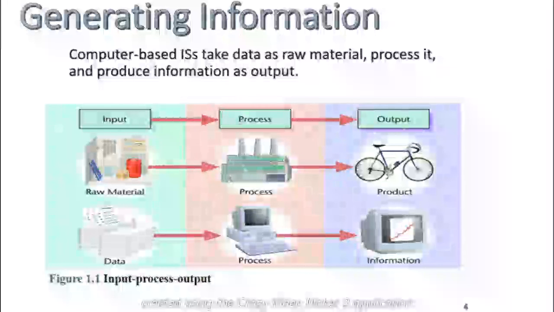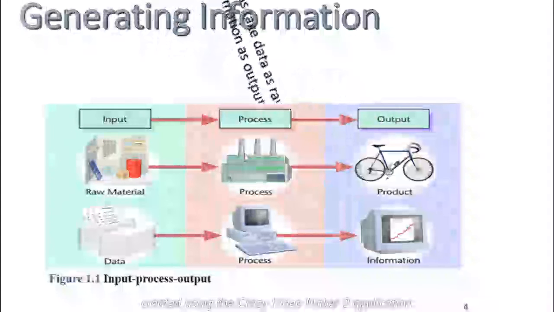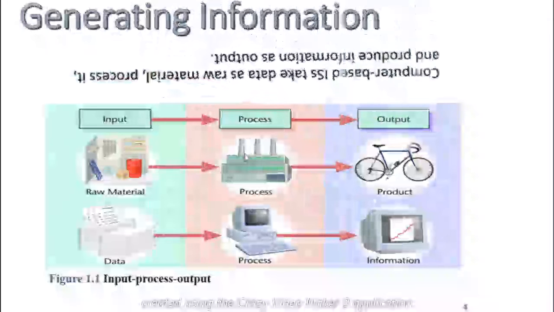By the screen here, we say a computer-based information system takes data as a raw material. It processes it and produces information as an output. From the pictorial you are seeing here, when you collect data, you input it, a computer processes it and brings it out as an output.